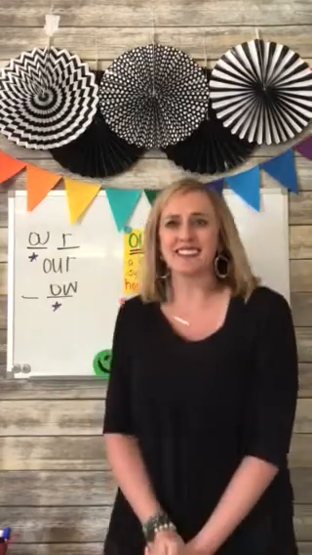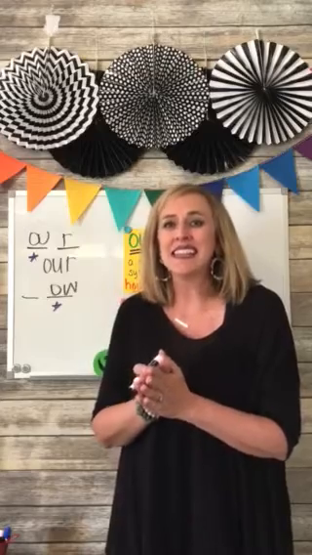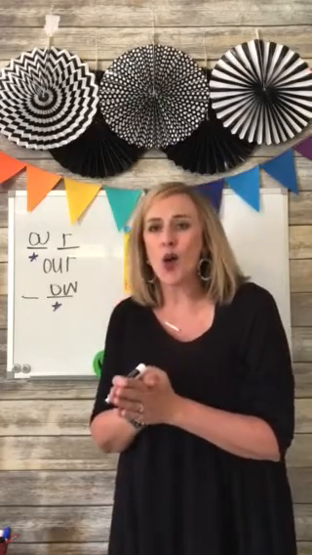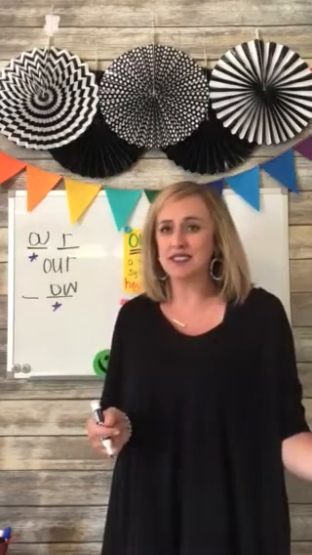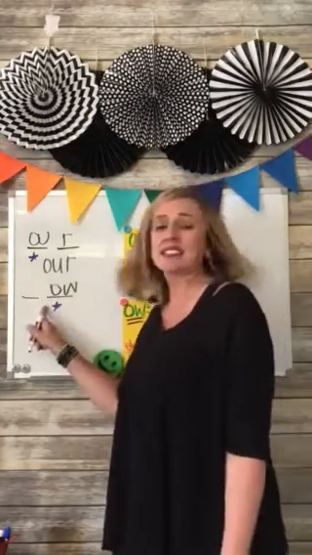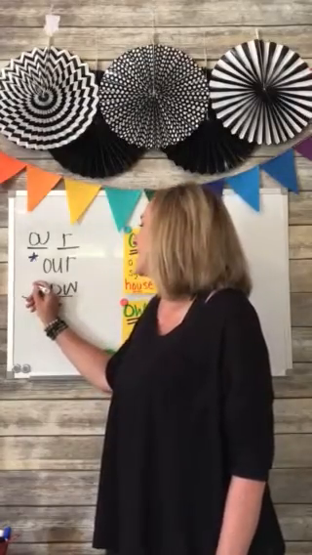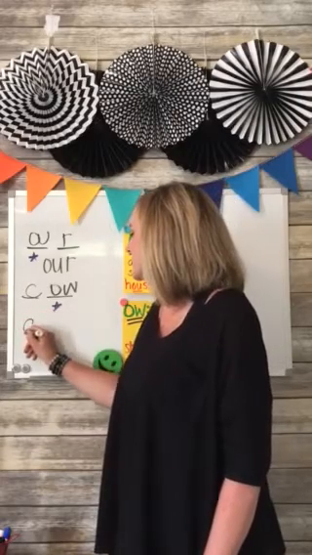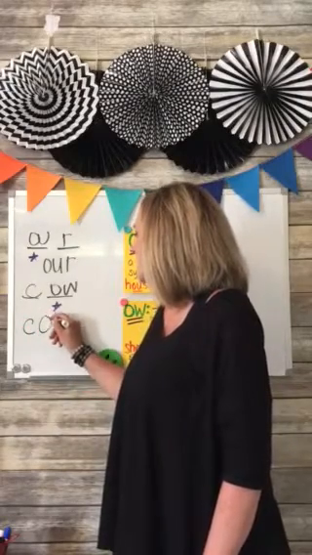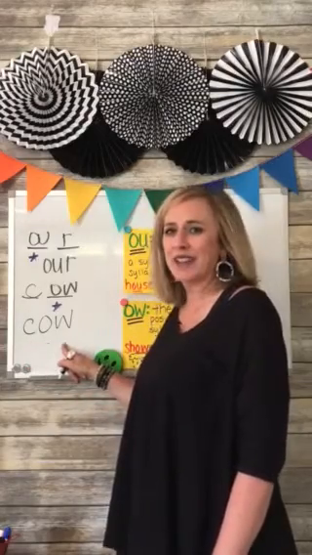Let me try that again, guys. My beginning C or K rule tells me that C takes A, O, U, and the consonants. K takes the rest. Because that next letter is an O, I know I'm going to make the K with a C. Cow is spelled C-O-W. Check your paper. Make sure you spelled it correctly.